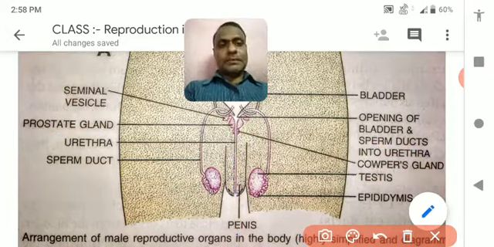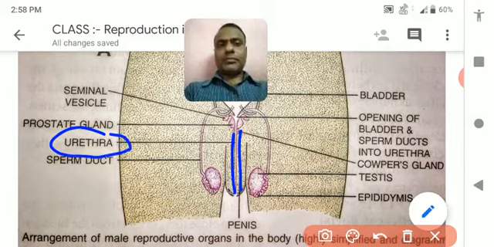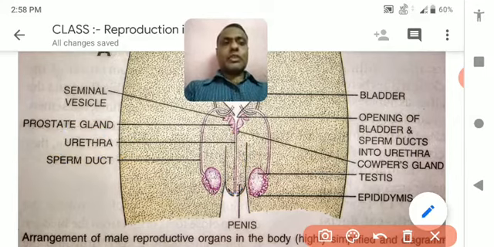This pipe-like structure is called the urethra, and the urethra is present in the penis. So the penis is the external structure that can be seen in the male reproductive system. Other structures remain hidden.